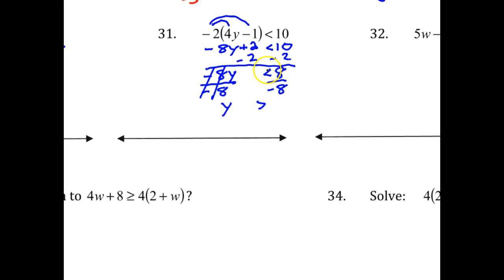And we'll have greater than, because we're dividing by a negative here, right? So dividing by a negative, switch that sign, and we have 8 divided by negative 8, which is negative 1. So we have negative 1, greater than, and to the right.